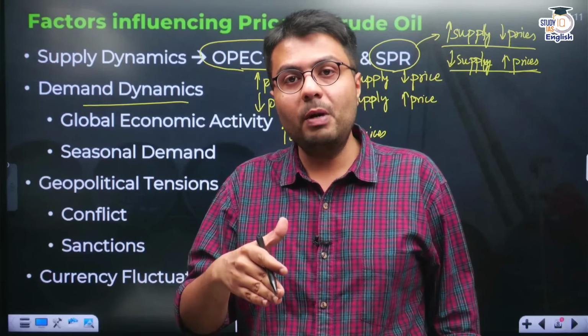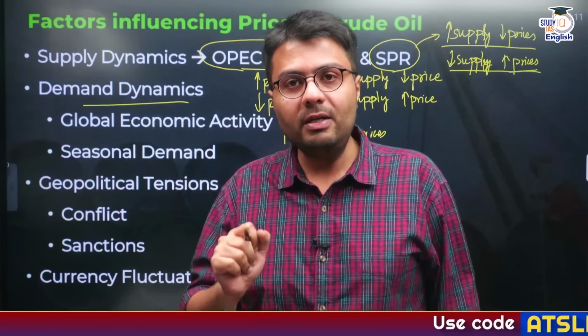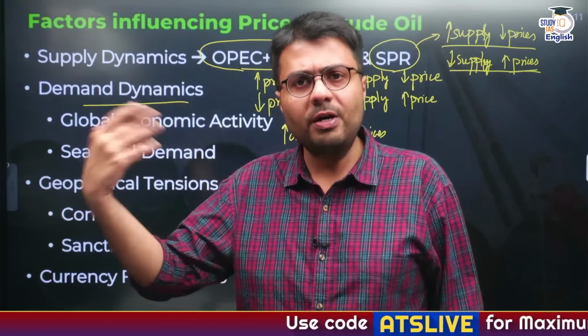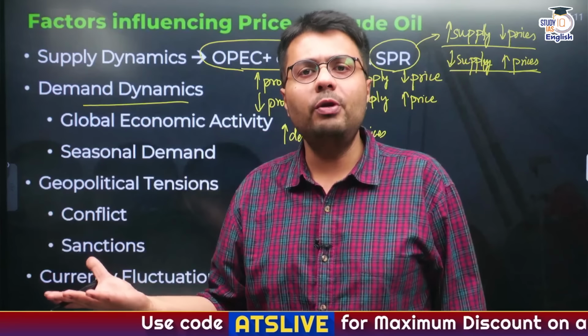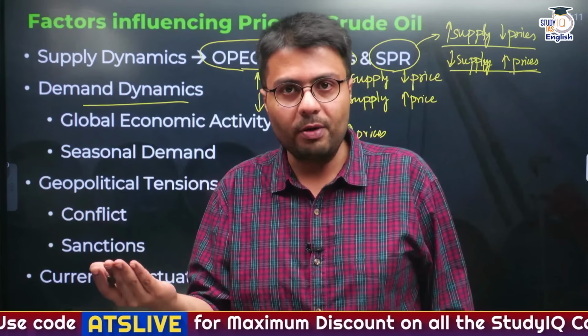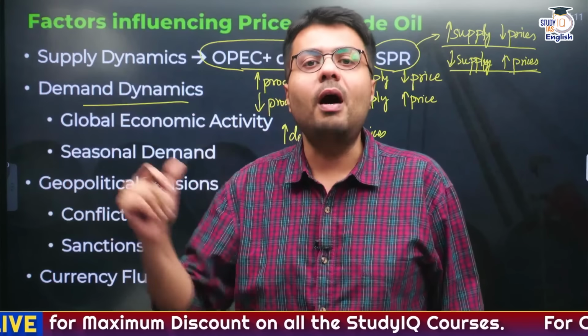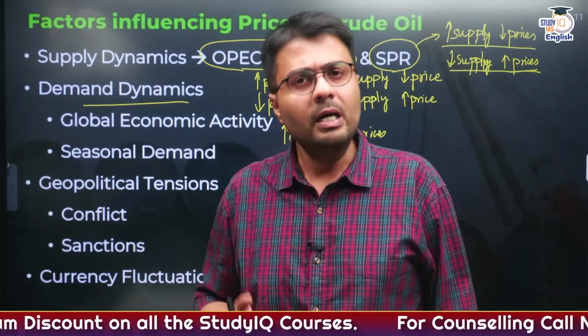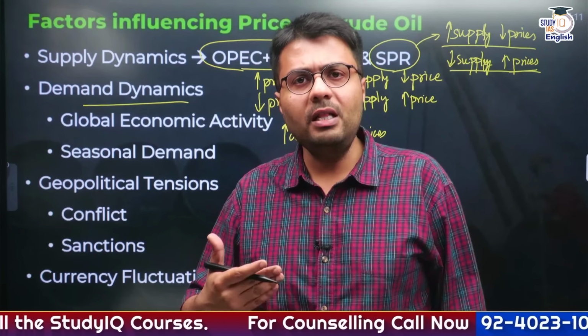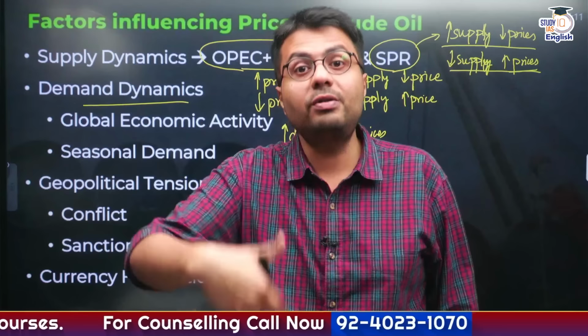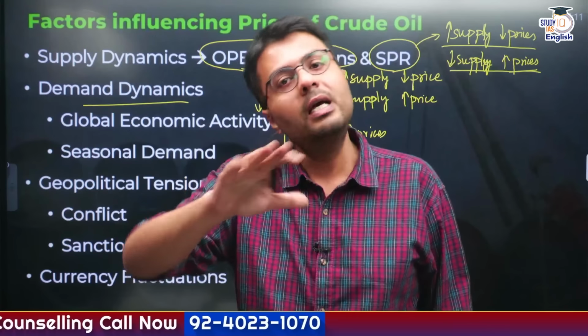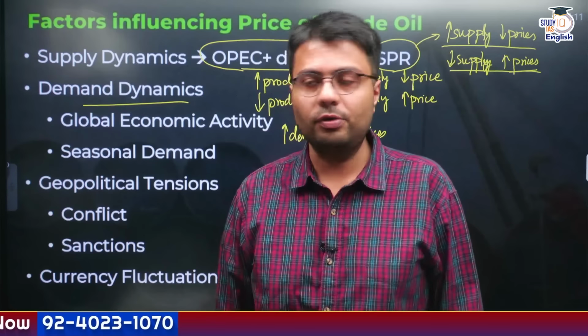For example, in the winter months, colder countries like those in the European Union and Russia increase their consumption of petroleum products due to heating requirements. So this creates another upward pressure on the prices of crude oil. Similarly, during summer months, we have seen transportation increases. So this further increases the demand for crude oil and therefore increases the prices.